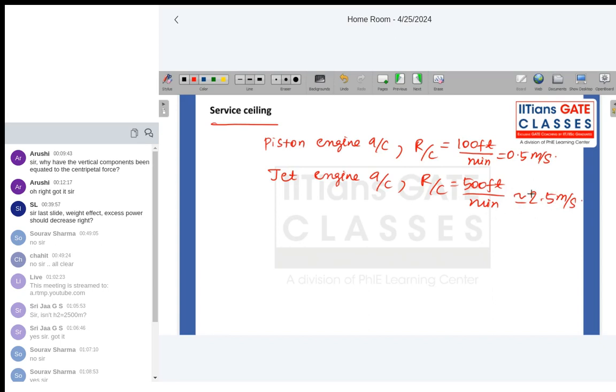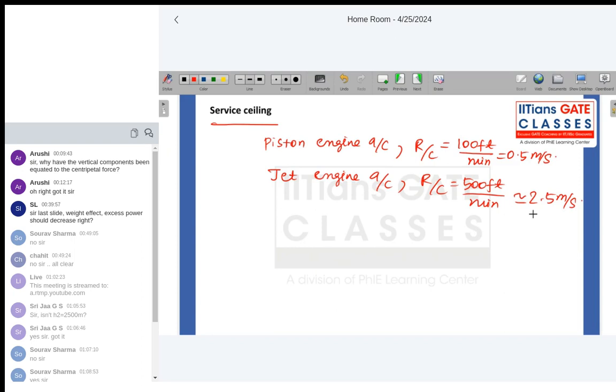If it decreases beyond this 2.5 meter per second, then you have crossed the service ceiling, which is not allowable as per given conditions. The aircraft should not be operated below this rate of climb.